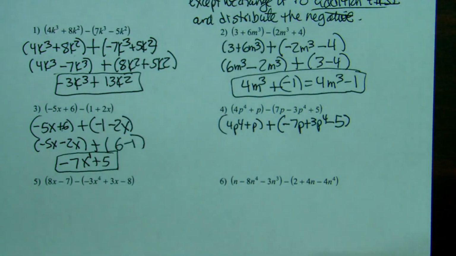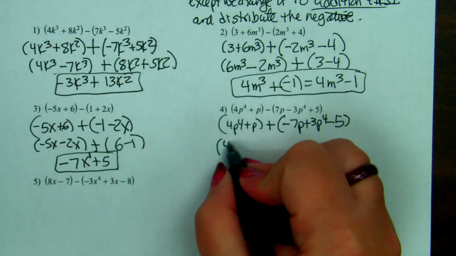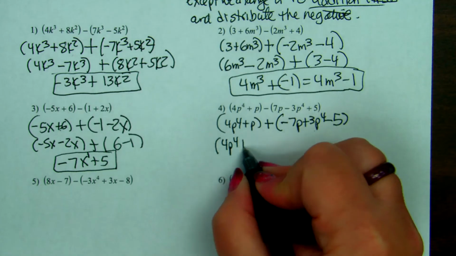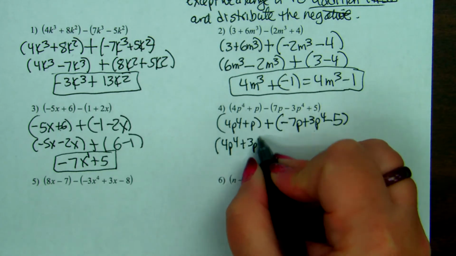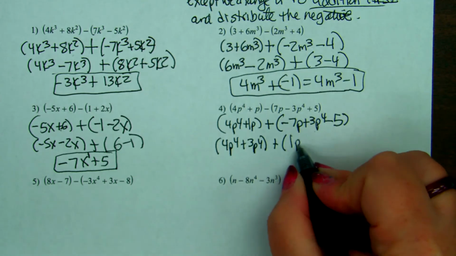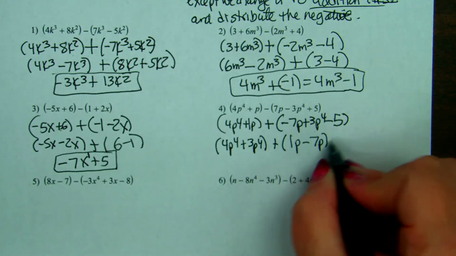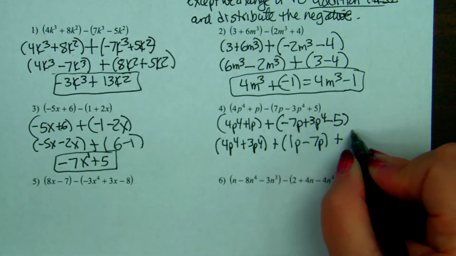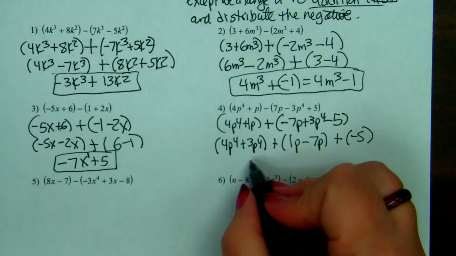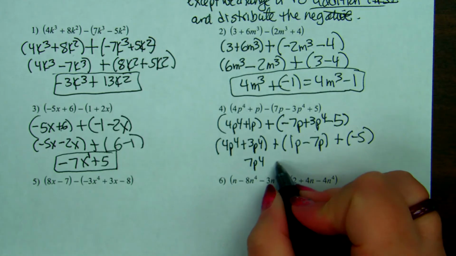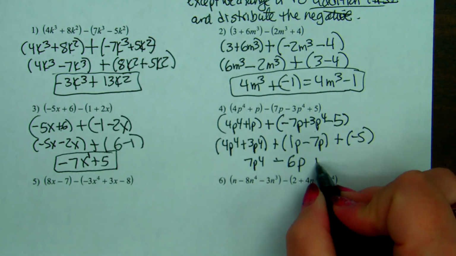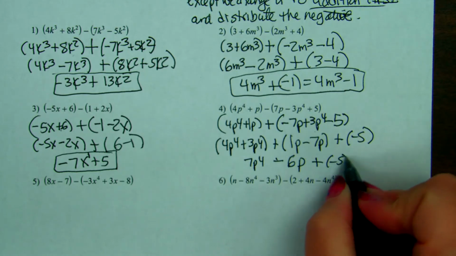So the highest degree is 4, so 4p to the 4th, here's another p to the 4th, plus 3p to the 4th, plus 1p minus 7p, plus, and then there's a negative 5 by itself. So we have 7p to the 4th, minus 6p, plus negative 5, or minus 5.